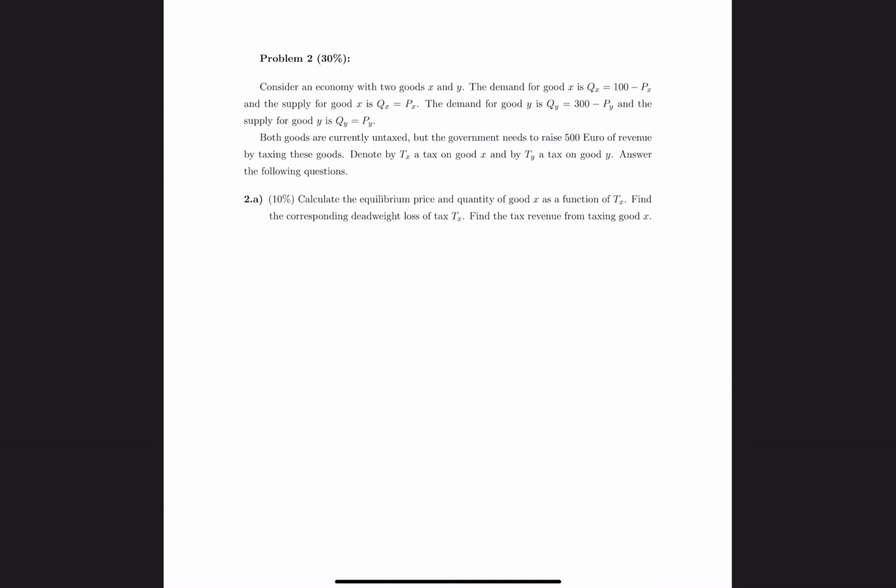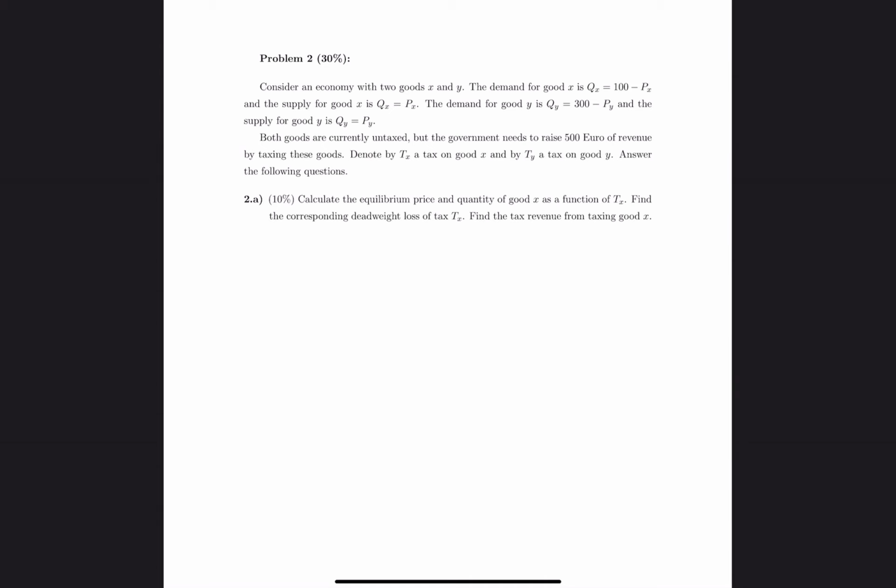Both goods are currently untaxed, but the government needs to raise 500 euros of revenue by taxing these goods. Denote by Tx a tax on good X and by Ty a tax on good Y. Answer the following questions. 2a.